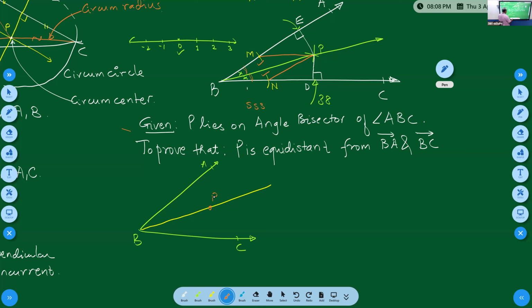Then the theorem says if you draw perpendiculars PM and PN, then to show that PM equals PN. Now you can complete. It is given that this is the angle bisector. Now you can complete very easily. Show me the test of congruence. Show me the test of congruence.